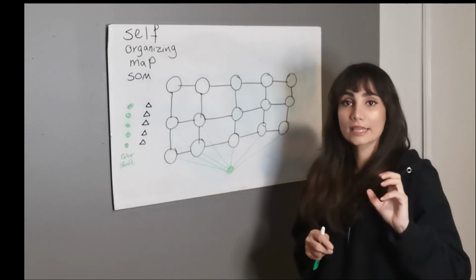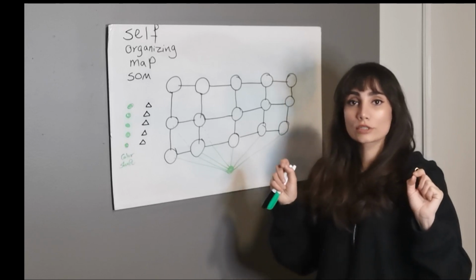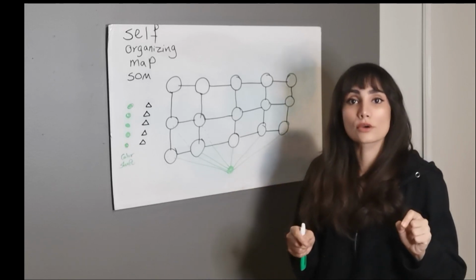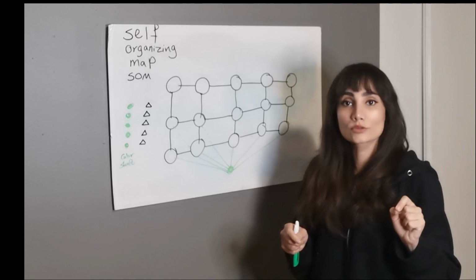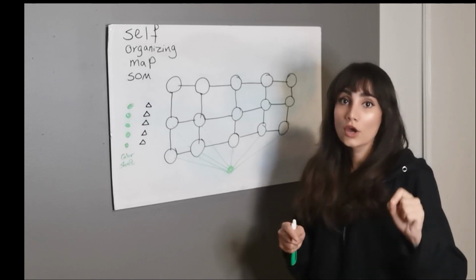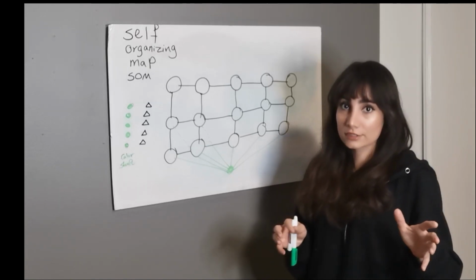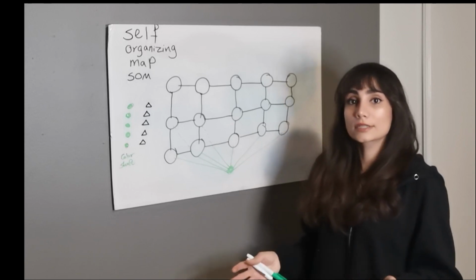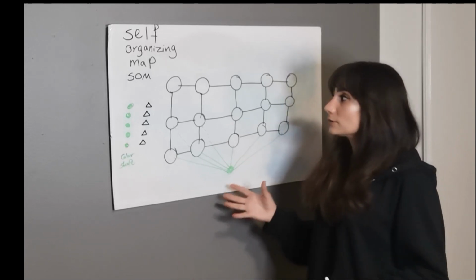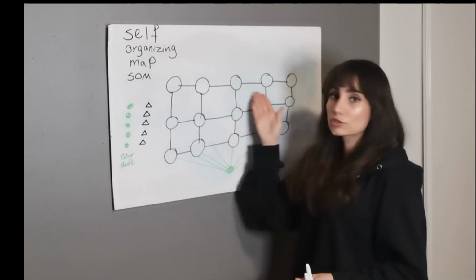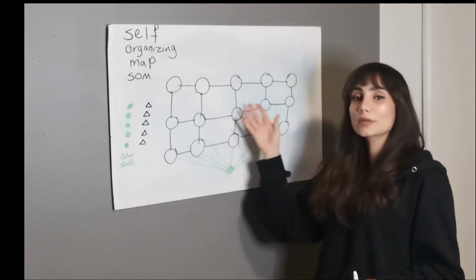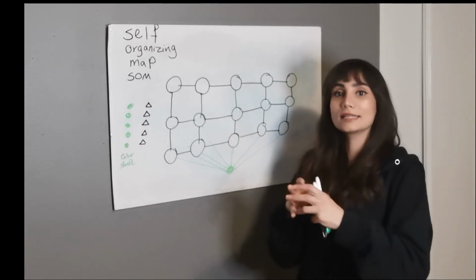What you do is you take every pixel, and each one of those pixels is going to be a dimension or a feature. Both of them are referring to the same thing. And then all of those pixels are going to be sent to each one of these neurons. So each one of these neurons will get the complete data.